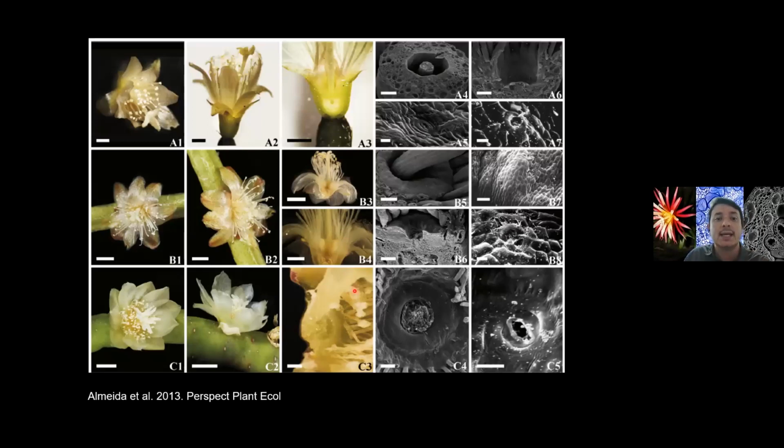Other species have a different flower morphology here and there, but they are still small flowers, and most of them have an annular shape of the nectary.